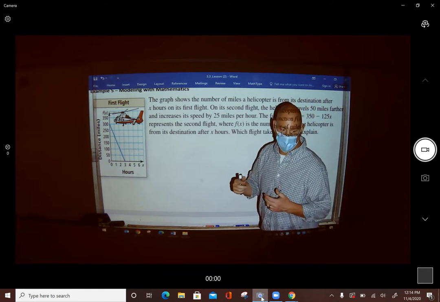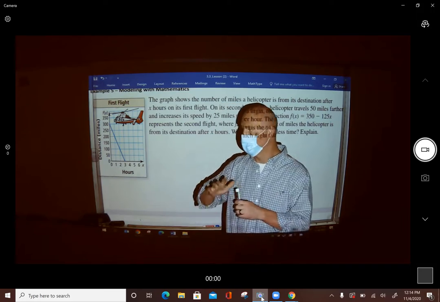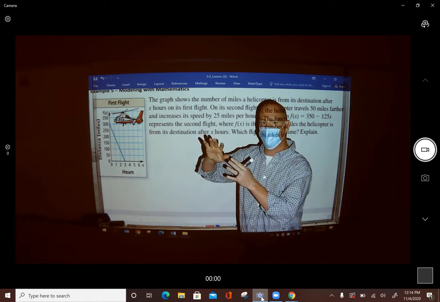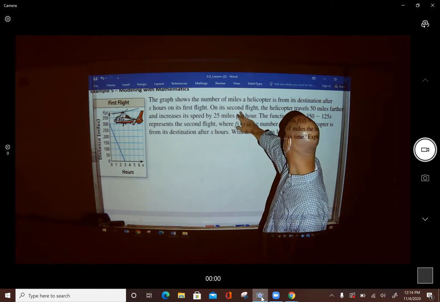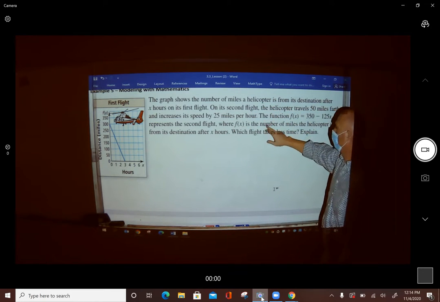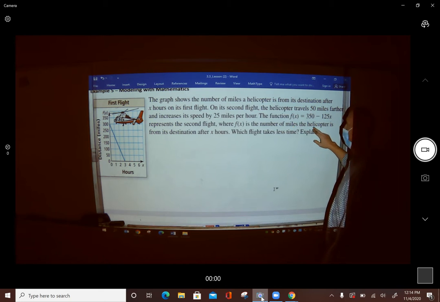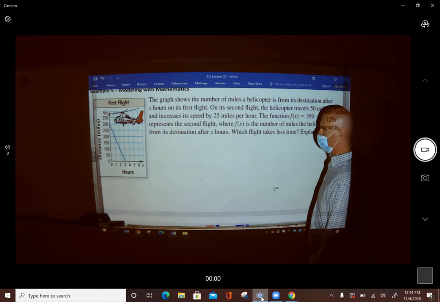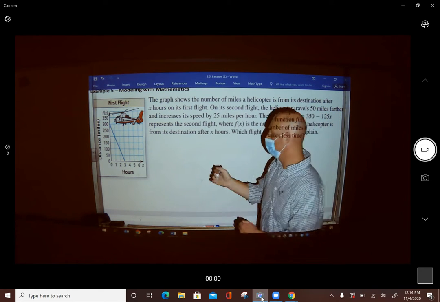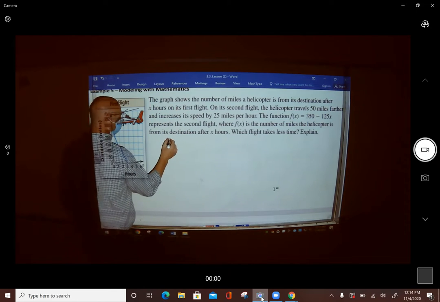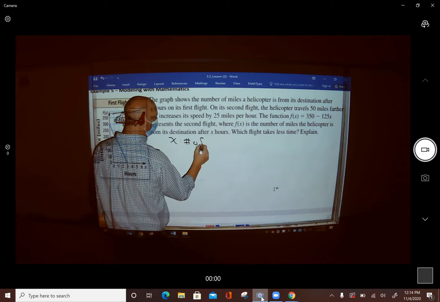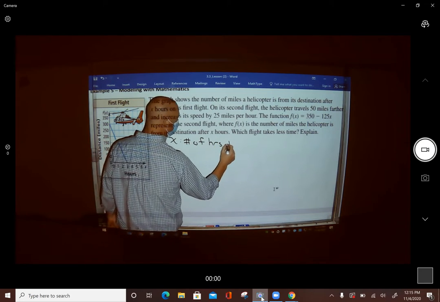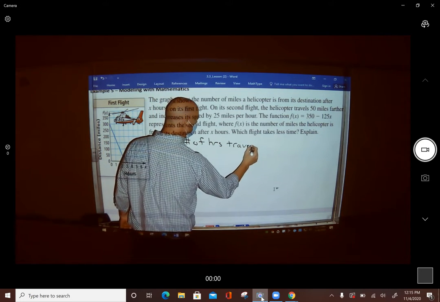So what we're looking at here is we're comparing the same things. f of x is the number of miles the helicopter is from its destination after x hours. Our x is the number of hours that we've been traveling.